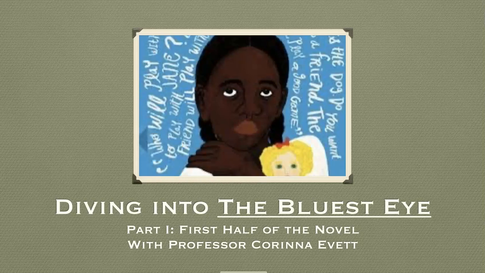A couple of things. I think I've mentioned this, but it's worth mentioning again. Toni Morrison is often considered a magical realist writer. So she incorporates some magical elements along with the realism.